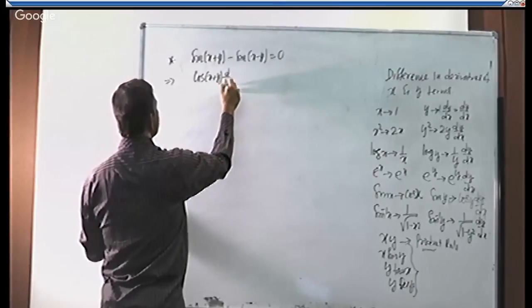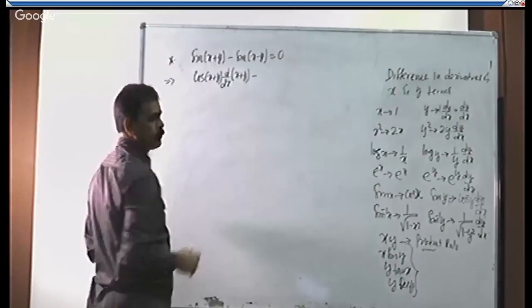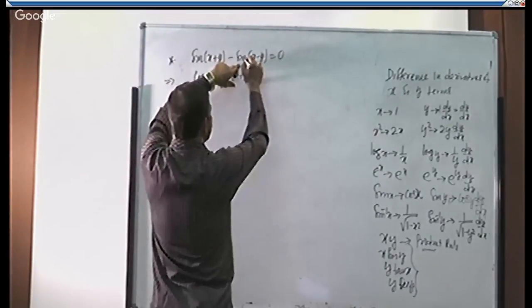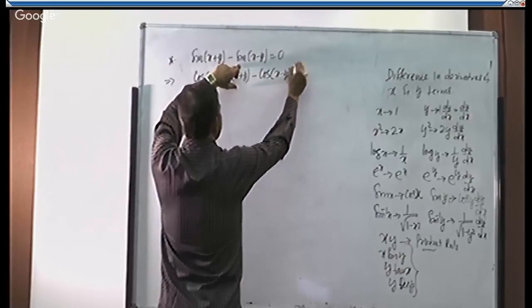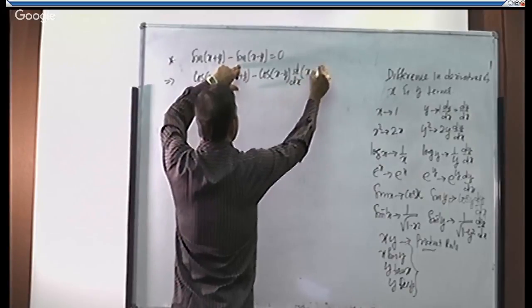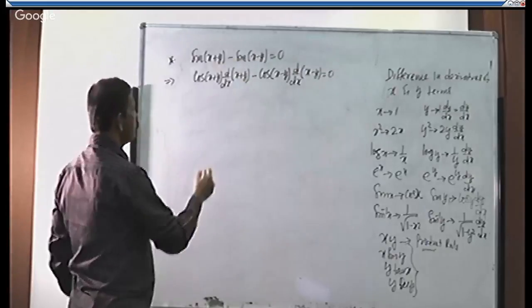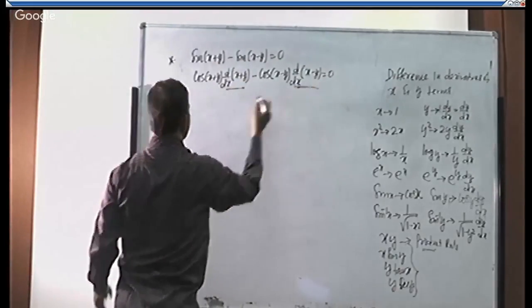into d by dx of the function, minus, this is also in sine of function form. Differentiation of sine function is cos function into d by dx of the function x minus y is equal to 0. Now differentiate the functions x plus y, x minus y.